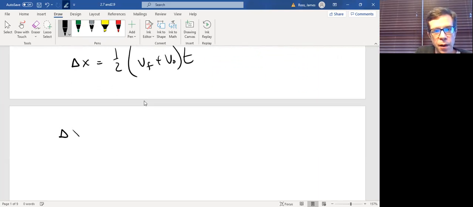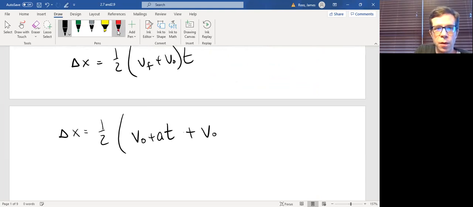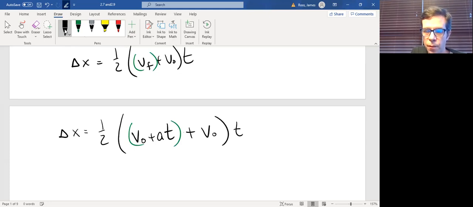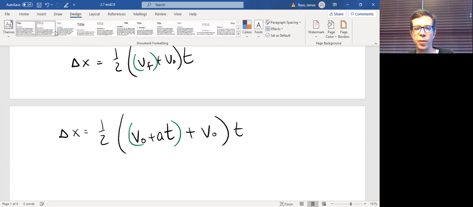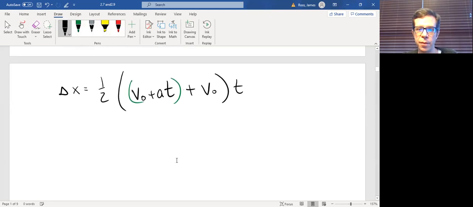So now I've got delta x is 1/2, and what did I plug in for v final? I plugged in v initial plus at. This term is replaced by this term, and then times t. So let's distribute everything and simplify.